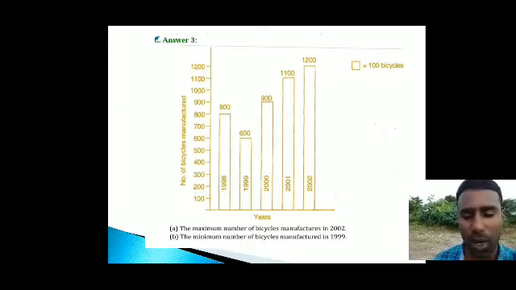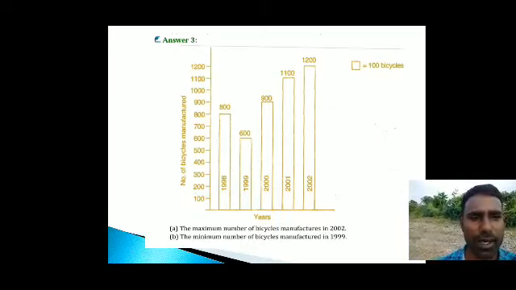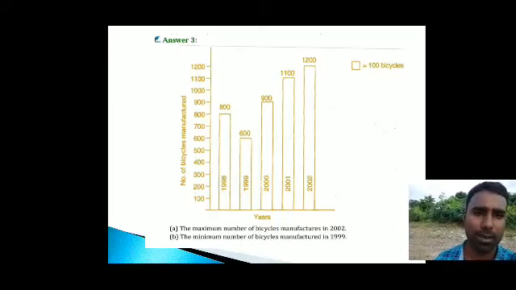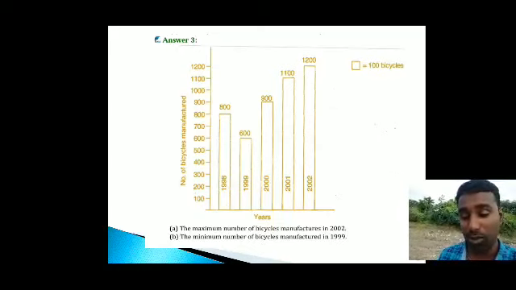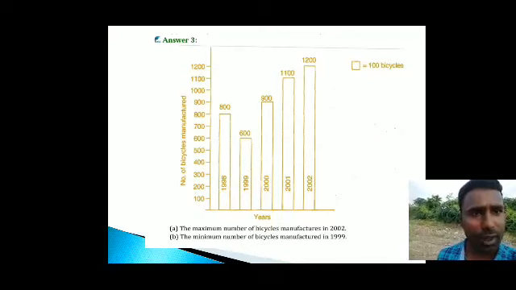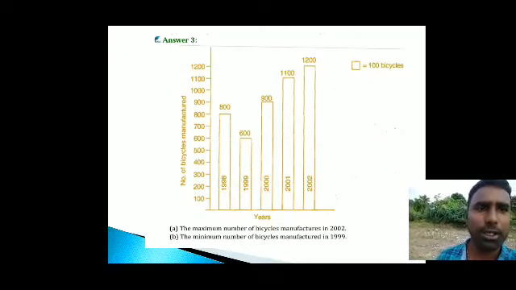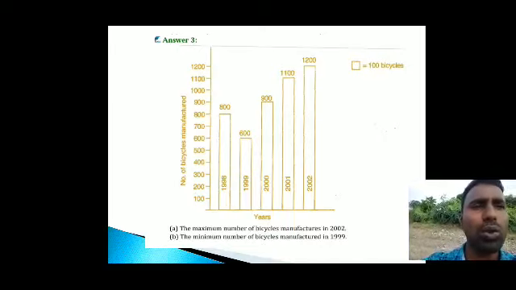Okay, so among this you can say, students, the maximum number of bicycles manufactured. In which year did they ask the maximum number of bicycles manufactured? If you look at which bar has more height, that is 1200, that is 2002.